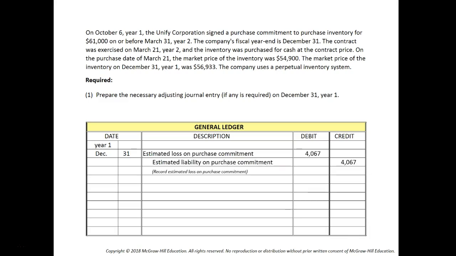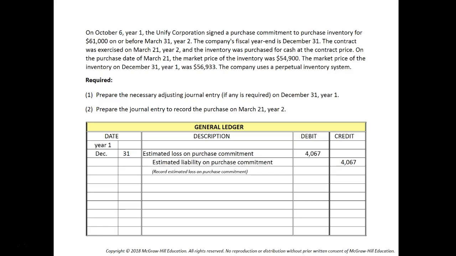So basically, we're going to have to record an estimated loss on purchase commitment. Now, the estimated loss on the purchase commitment, a debit of $4,067, and then we're going to credit a liability. So basically, what will happen is we were going to purchase the items for $61,000, but the inventory had a market price of $54,900.